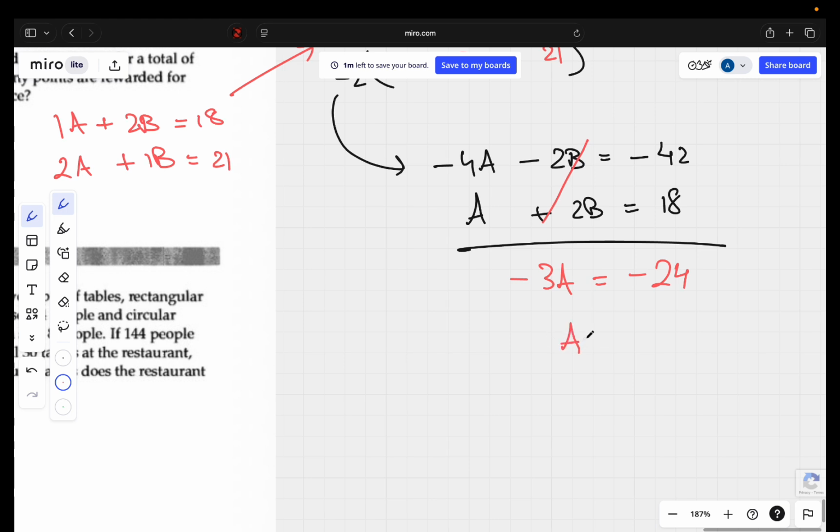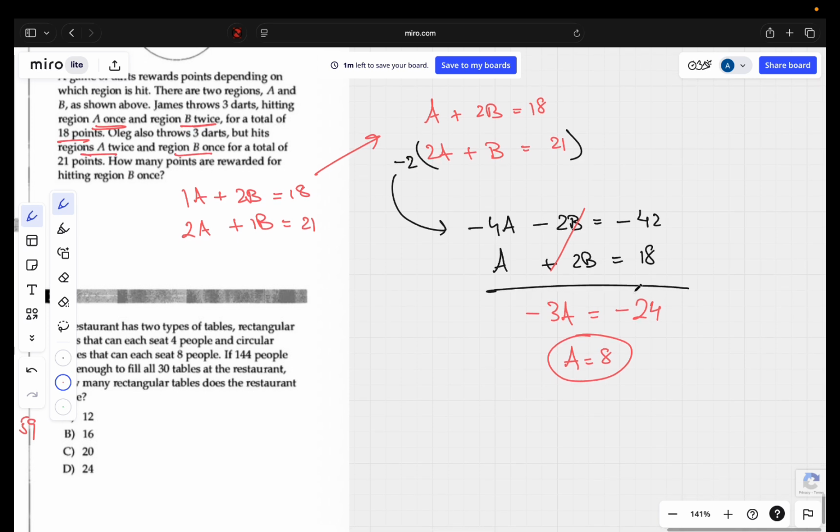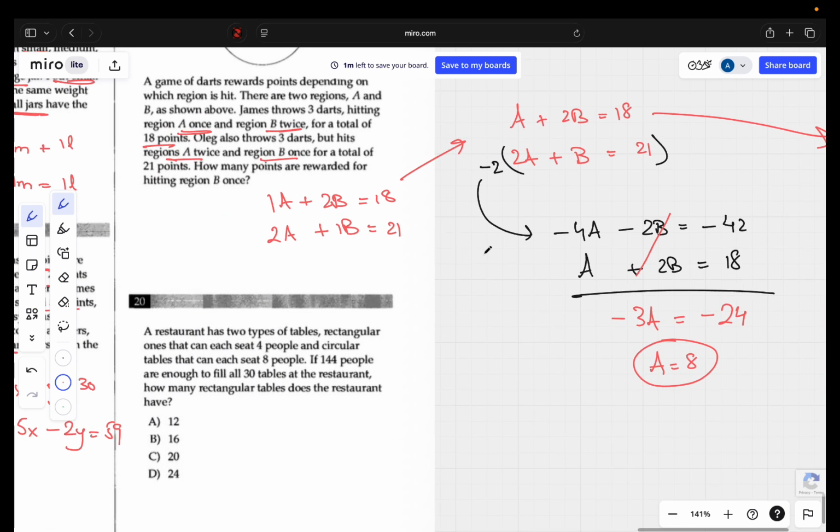And then a is going to be 8. We need to find b, so I'll use the first equation. a plus 2b is 18. a is 8, so 8 plus 2b is 18. 8 goes there, it becomes 10. 2b is equal to 18 minus 8, which is 10. So b is going to be 5.